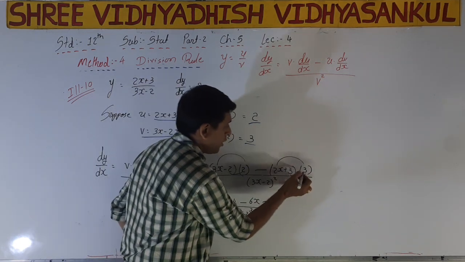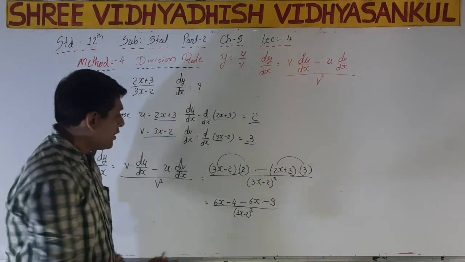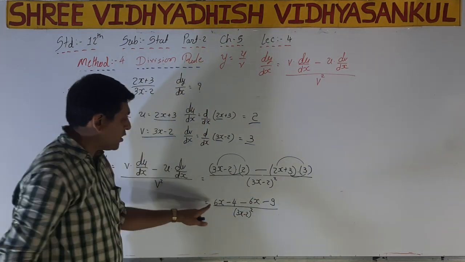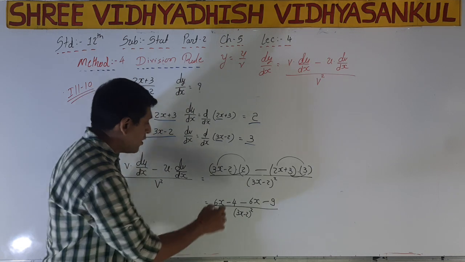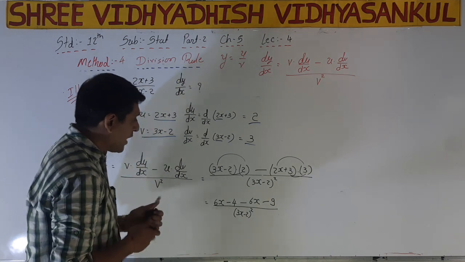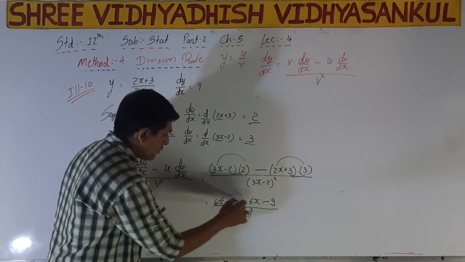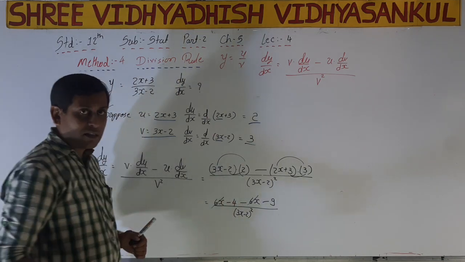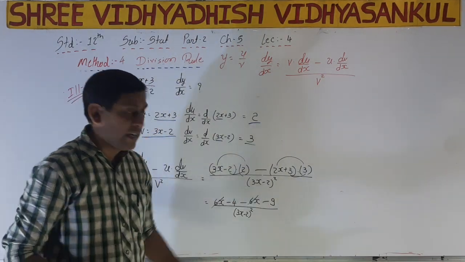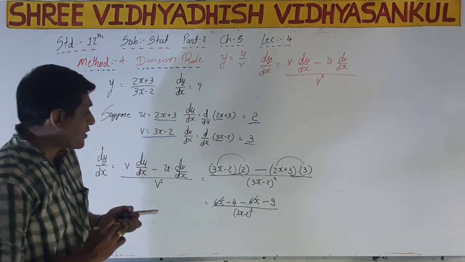Okay, so here now see 6x and 6x, this one is the plus and this one is the minus, so we have to cancel it. Plus minus cancel. Minus 4 minus 9, what is the now final answer?